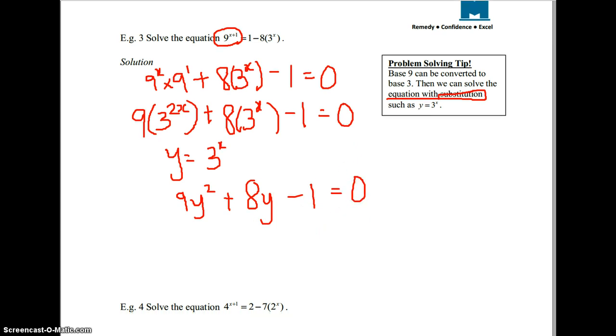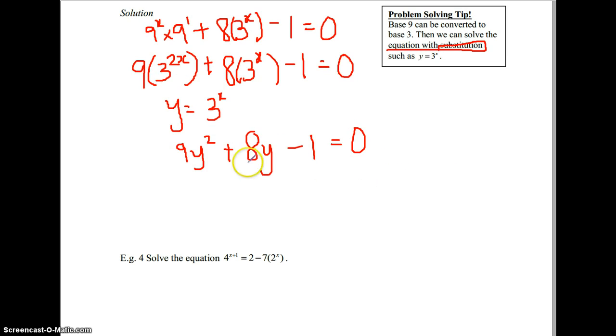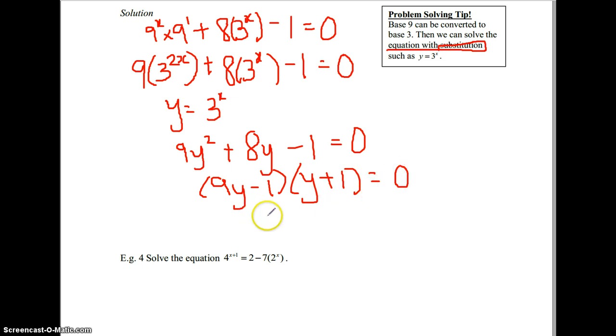Okay, do you understand? Then I will of course factorize, and you should get 9y minus 1, y plus 1 equals 0. Then you will find out that y is 1 over 9, or y is minus 1. Then always remember to sub back into the original equation.